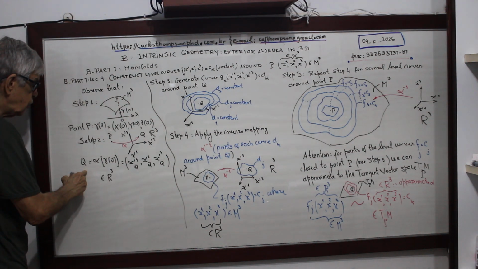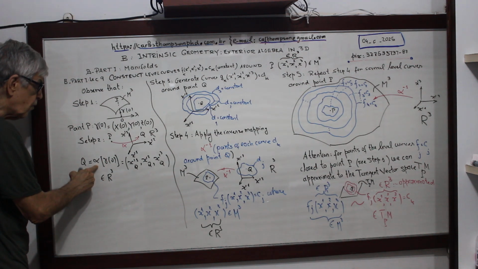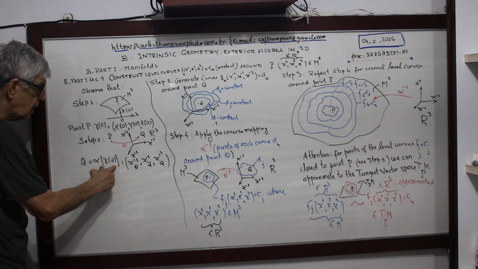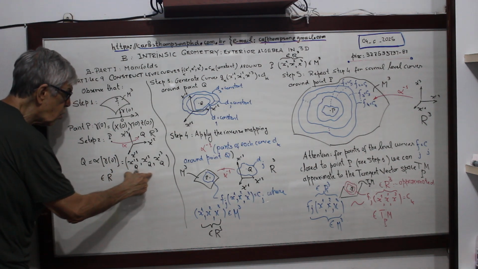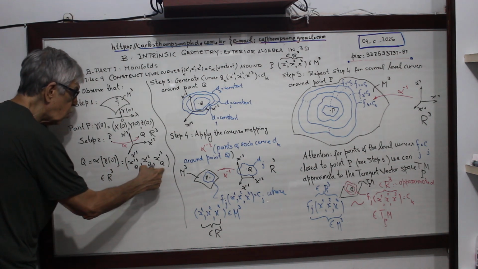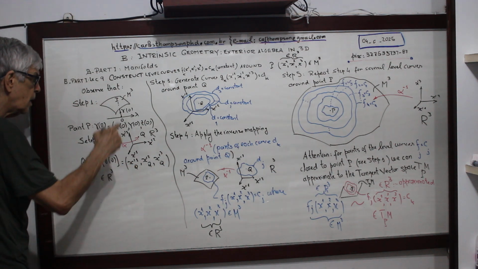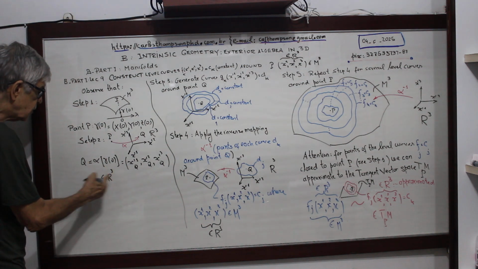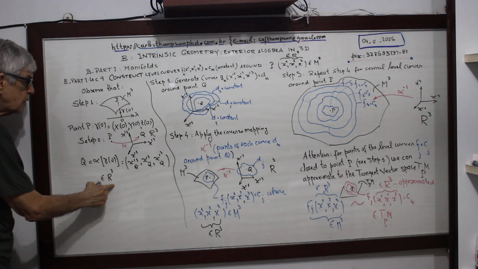So, Q is alpha applied to gamma of lambda equal to 0. You see, these are the Cartesian coordinates of point Q at R3. Obviously, Q belongs to R3.